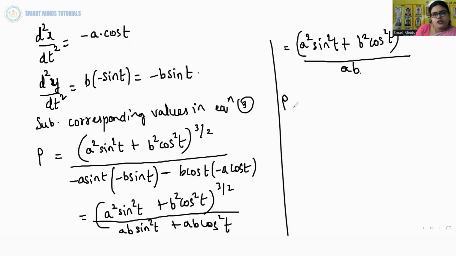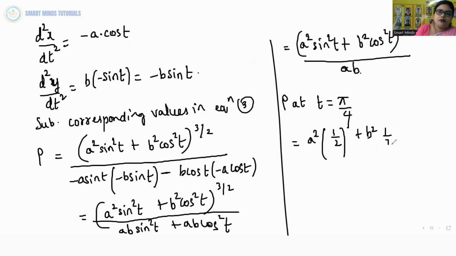Now we find radius of curvature at some t is equal to pi by 4. So that is a square, if t is pi by 4, sin pi by 4 is 1 by root 2, and 1 by root 2 whole square is 1 by 2, plus b square into, now cos t, t we are taking as pi by 4, so cos pi by 4 is 1 by root 2, 1 by root 2 whole square is 1 by 2, whole power 3 by 2, by ab.